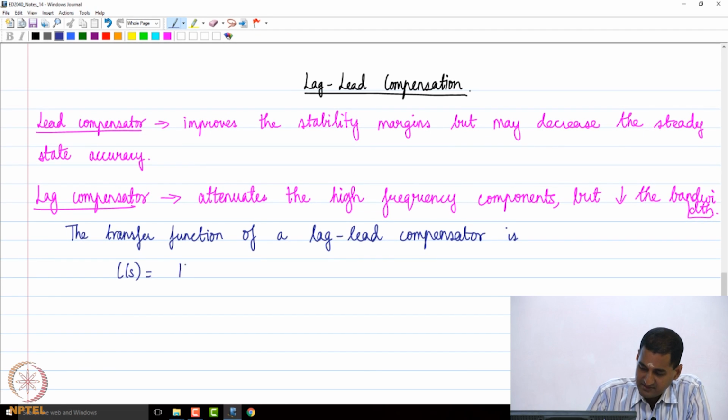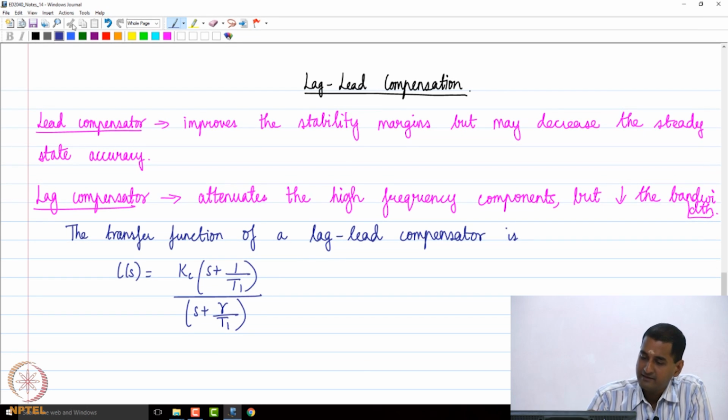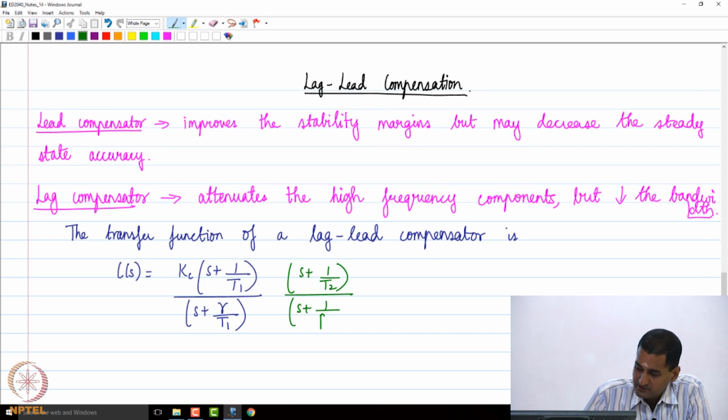C of s is typically written as Kc times S plus 1 by T1 divided by S plus gamma by T1. Let me complete writing it, then we will discuss it. Then multiplied by S plus 1 by T2 divided by S plus 1 divided by beta T2.